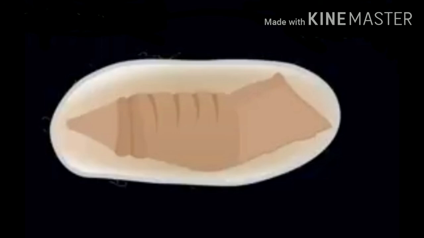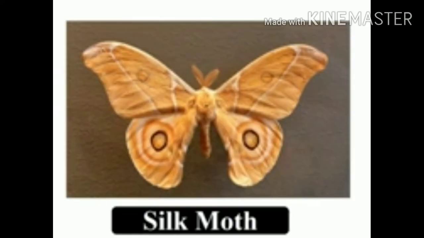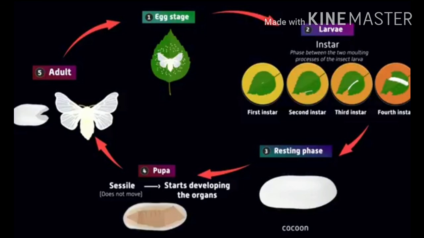The silkworm continues to develop in the form of pupa inside the cocoon to form the silk moth. So, there are 4 stages in the life cycle of a moth, that are eggs, larvae or caterpillars, pupa and adult moth. Okay, children?